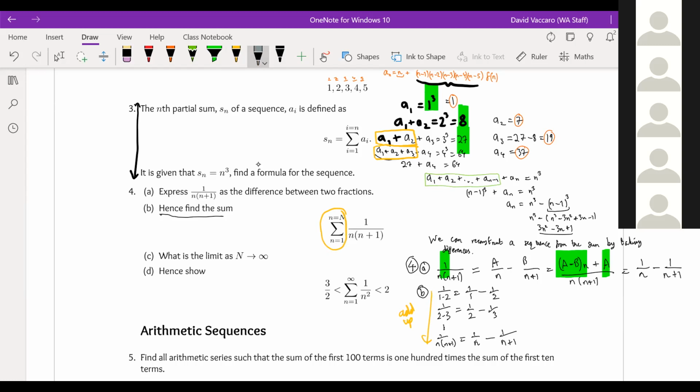And I invite everyone at this point to stare at all of these terms here, all of these fractions. And can anyone describe in the chat what happens when we add up all the fractions on the right-hand side?